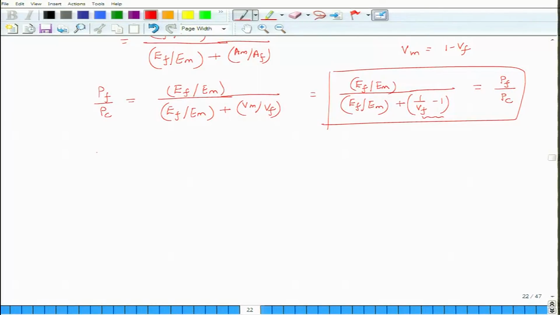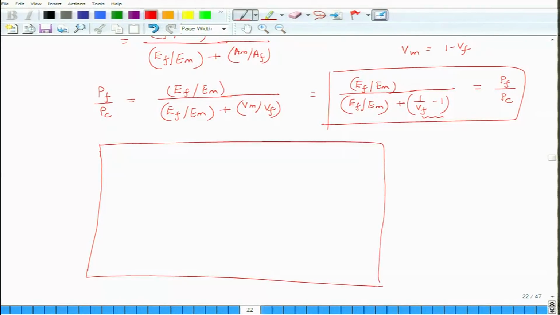So, the graph looks like this. Here I am plotting volume fraction and here I am plotting Pf over Pc. Let us say this is 100%, this is 50, this is 25, this is 75, and here it is 0.8.